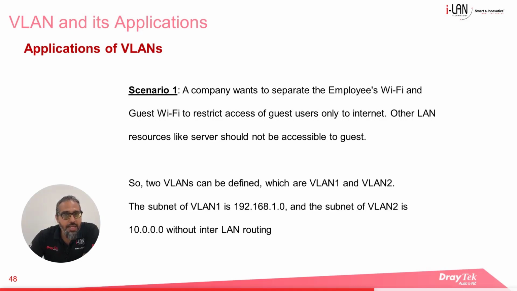So 2 VLANs can be defined here to accomplish this. That's VLAN 1 and VLAN 2. The LAN subnet for VLAN 1 can be set as 192.168.1.0, and the subnet for VLAN 2 can be set as 10.0.0.0. And of course, in this case, we want to keep inter-LAN routing disabled.